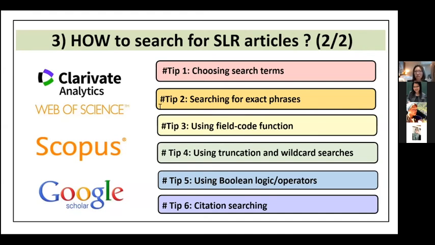The number of databases will depend on your research question, or on the topic that you want to understand. For example, if I search for the topic of artificial intelligence, let's say this is a topic that is considered quite new, and not many articles actually discuss it.